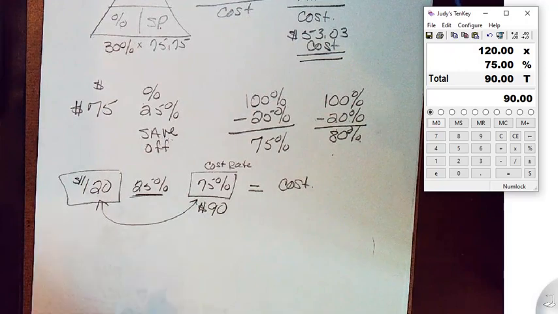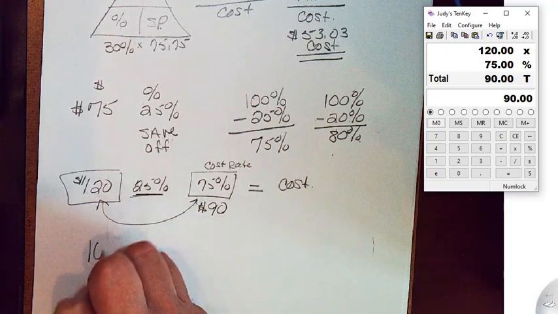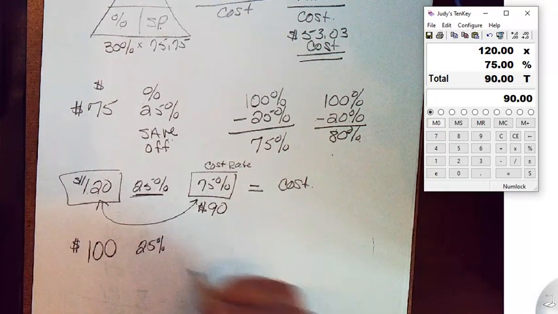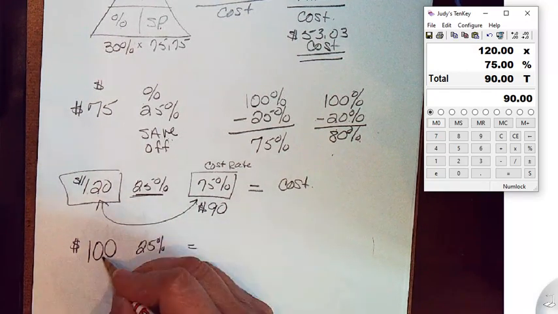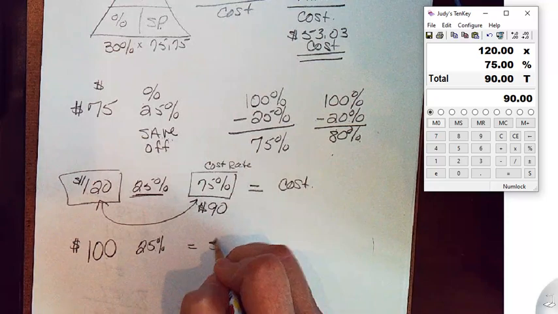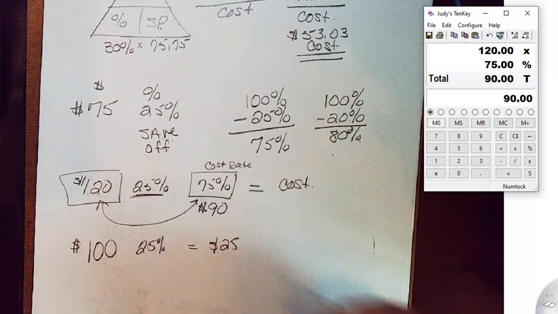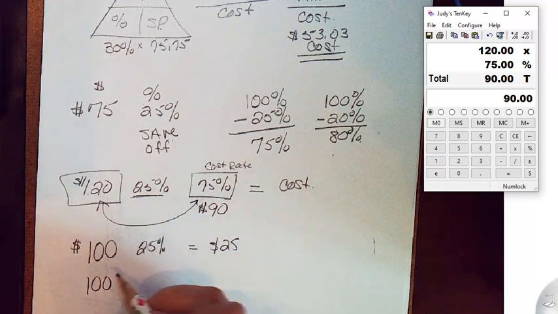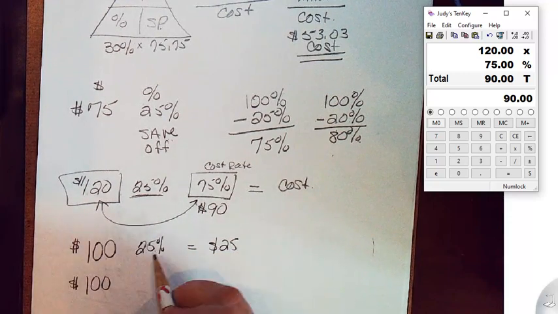So if I'm shopping, and I'll use an easy number here, $100, and it's 25% off, I know 100 times 25%, I'm going to save 25. Well, I can also do $100 times the complement.